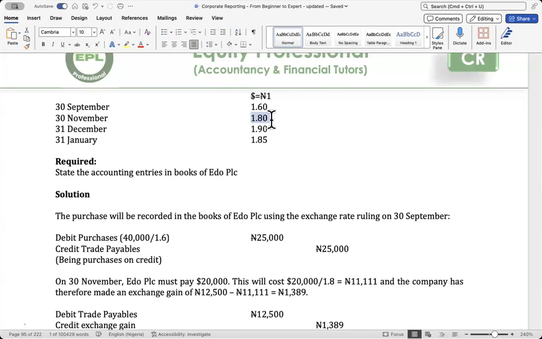We have made a gain here because ordinarily, at the date where we bought this item, we recognized 25,000 naira, and half of that should be 12,500. But now we are settling for just 11,000. So we are making a gain of 1,389.